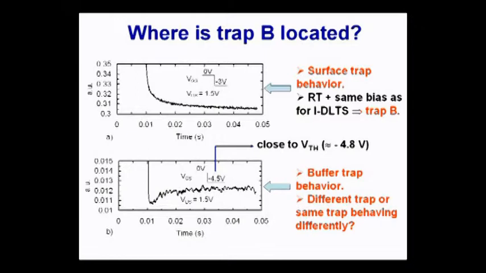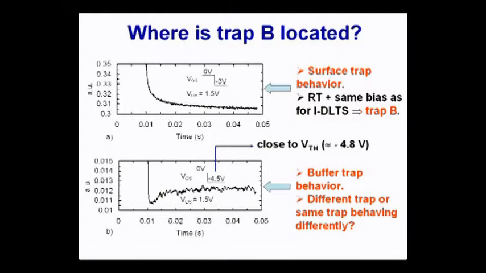But the most interesting thing is that if VGS is switched to a value close to the pinch-off, the behavior changes and becomes that of a buffer trap signature.